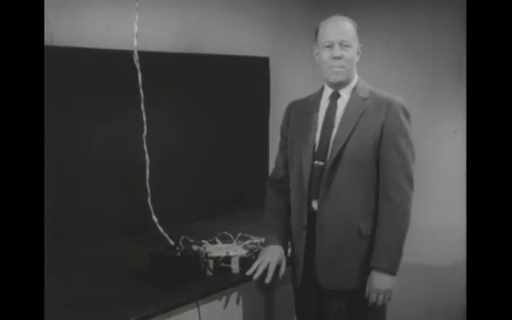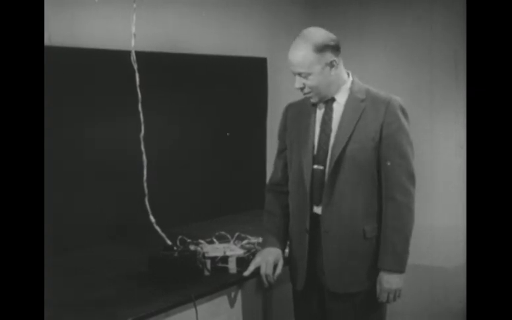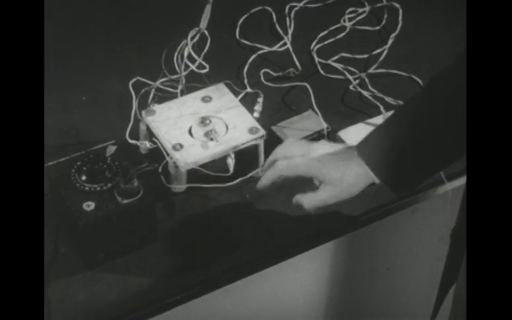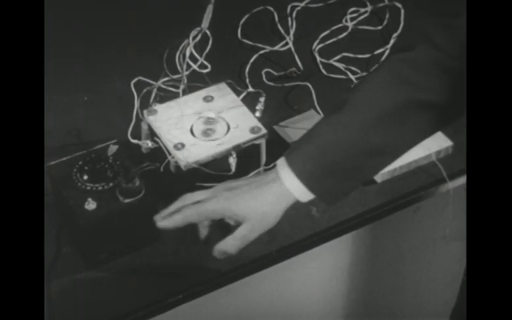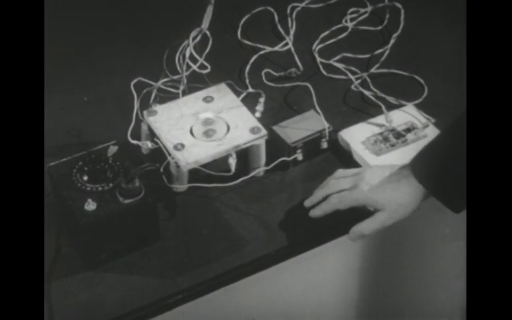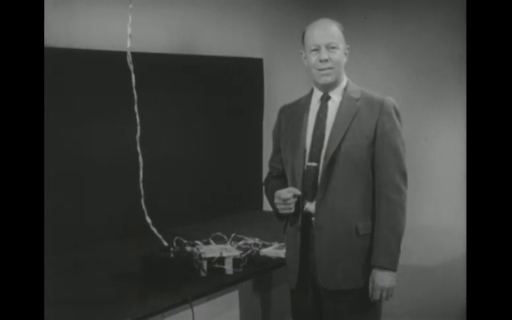Now let's have a look at the apparatus I'm going to use to fire off the flash bulbs. This is a rotating switch turned by an old phonograph motor, which will close an electric circuit to the 6 flash bulbs, one after the other, at intervals of 1/20th of a second.